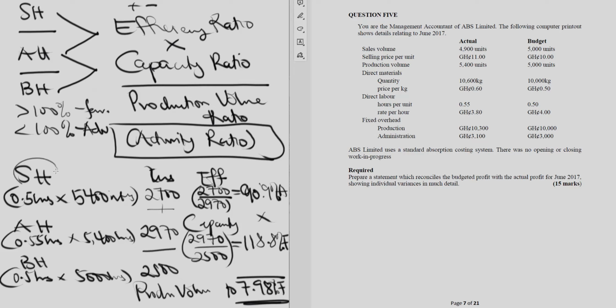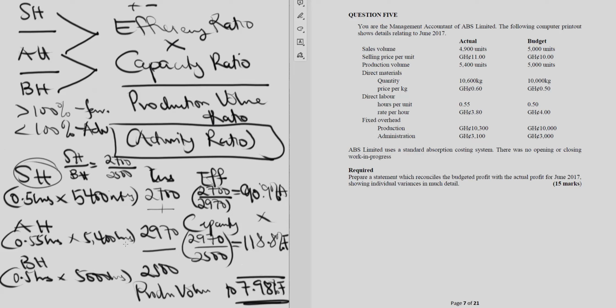So the same way, you can just move from the top to the bottom, and this same thing will just give you a standard hour over your budgeted hour because it's from the top. And that means you are just doing 2,700 over 2,500. And that is actually favorable because it's more than one. That still gives you the 107.98, or simply 108% favorable.